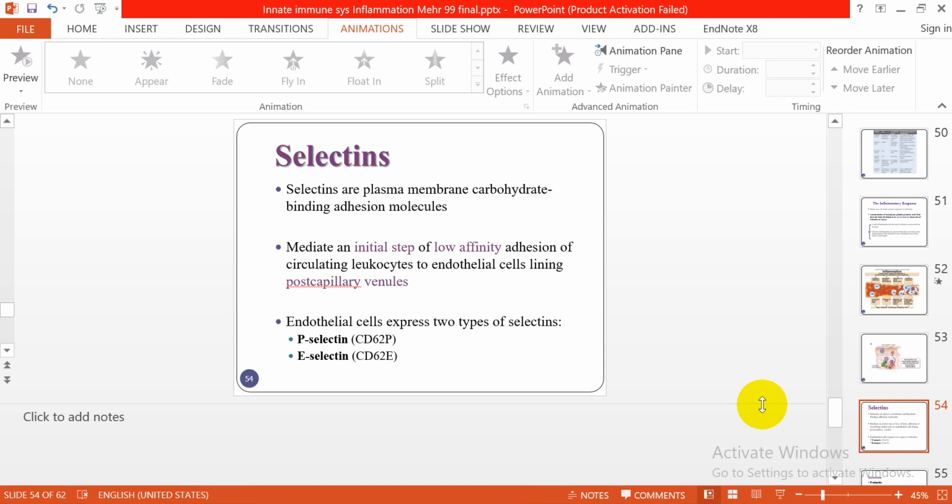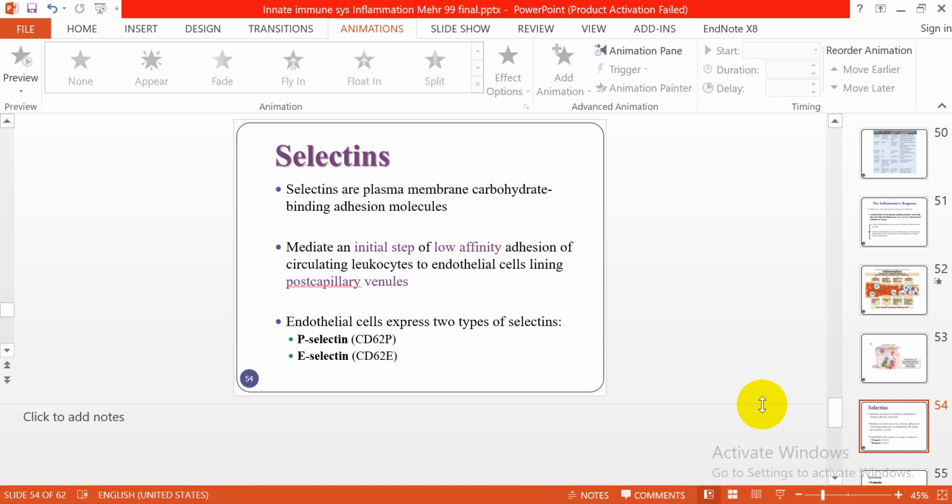So in the first steps of inflammation, the selectin can initiate the adhesion of leukocytes to the endothelial cells that cover the post-capillary venules, and this adhesion has low affinity. So this attachment can be detached easily.